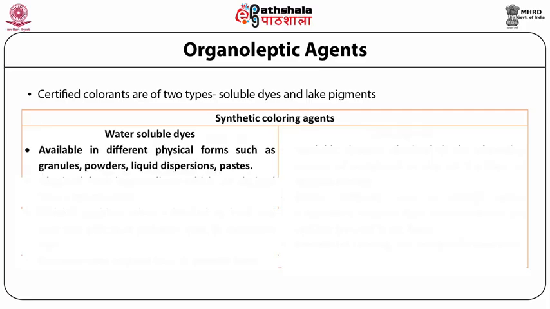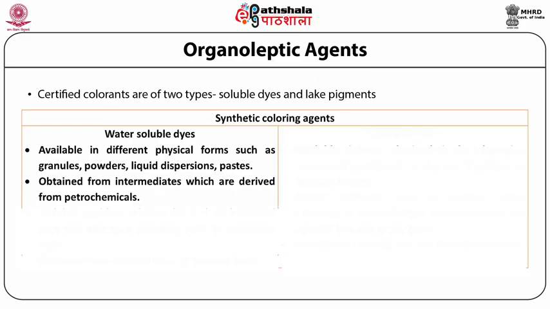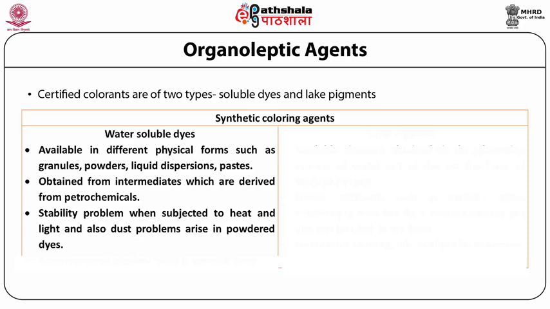Water-soluble dyes are available in different physical forms such as granules, powders, liquid dispersions and paste. These are obtained from intermediates which are derived from petrochemicals. Stability problems when subjected to heat and light, and also dust problems, arise in powdered dyes. The recommended physical form is granular form.